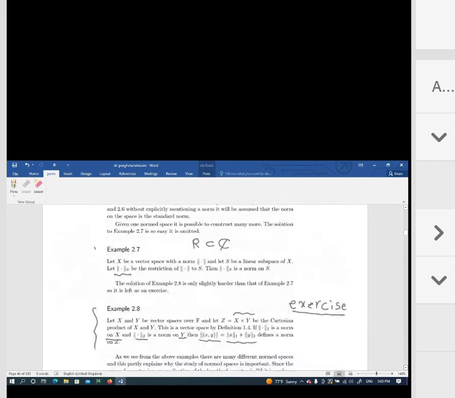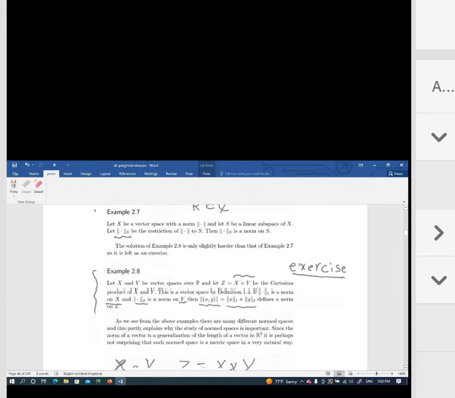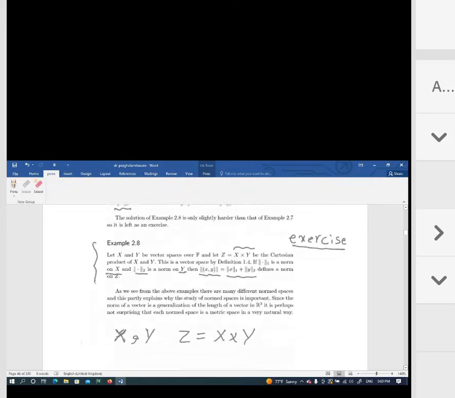There are some other examples. Example 2.8.